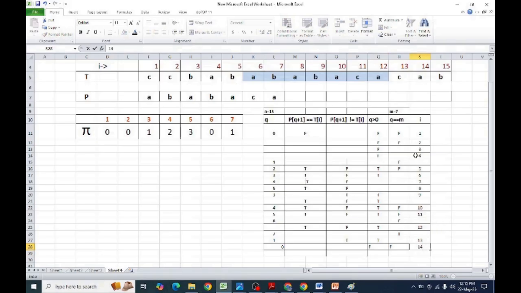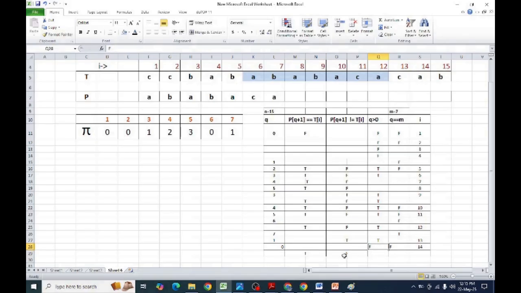I is 14. Then checking this condition, T of 14 is A, and P of 1 is also A. Okay, this condition is false. Q greater than 0 is also false.